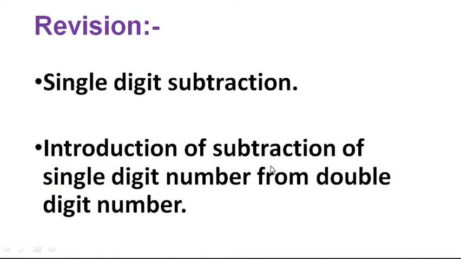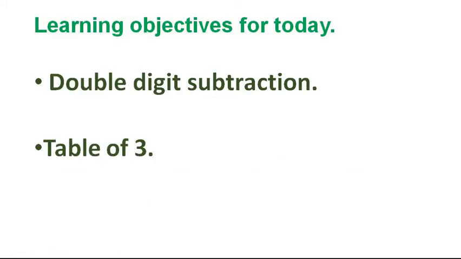Introduction of subtraction of a single digit number from a double digit number. Now, what are we going to learn today? So, today's learning objectives are double digit subtraction and the table of 3. Let's begin the class.